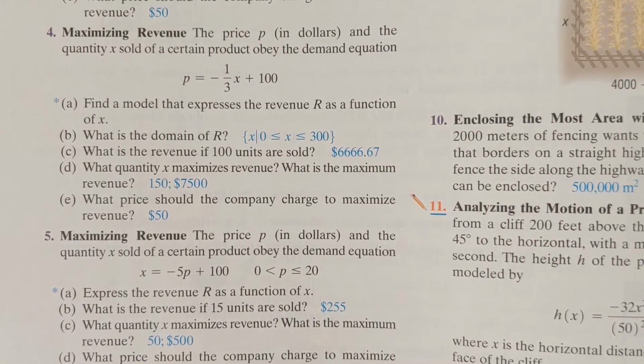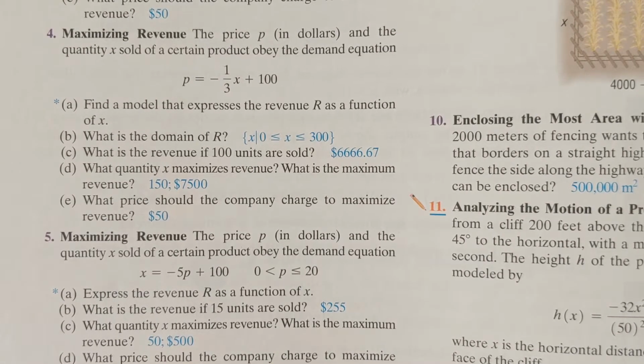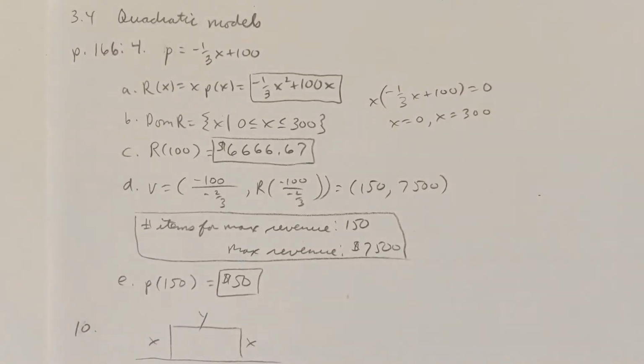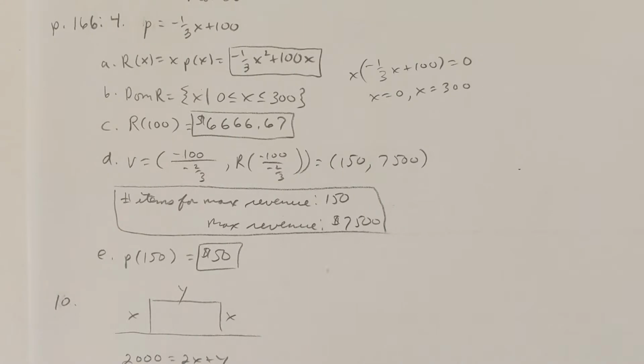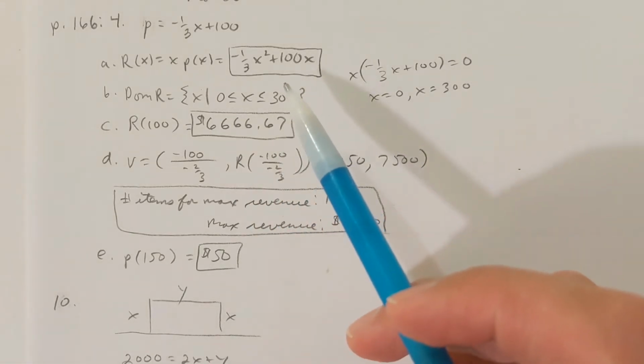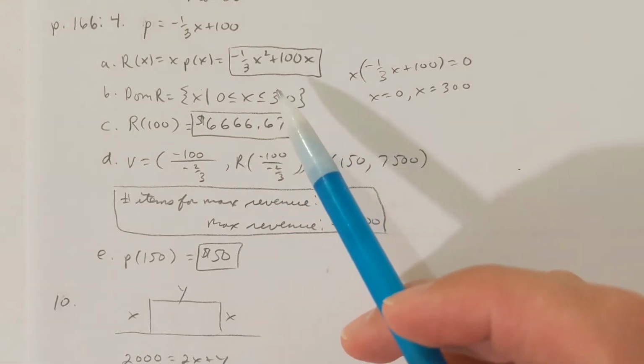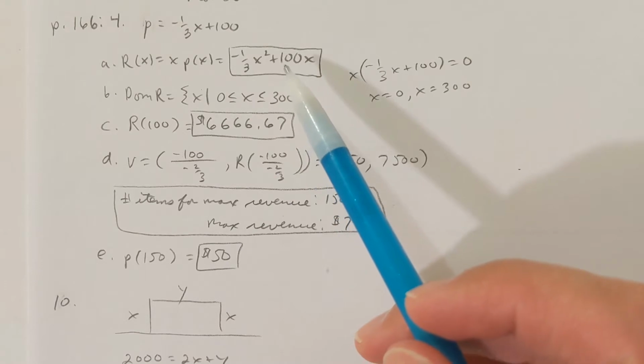Part D, what quantity X maximizes the revenue and what is the maximum revenue? Okay, so we have to find the highest point on the function, and in order to do that, negative B divided by 2A, so I want the opposite of B divided by 2A.